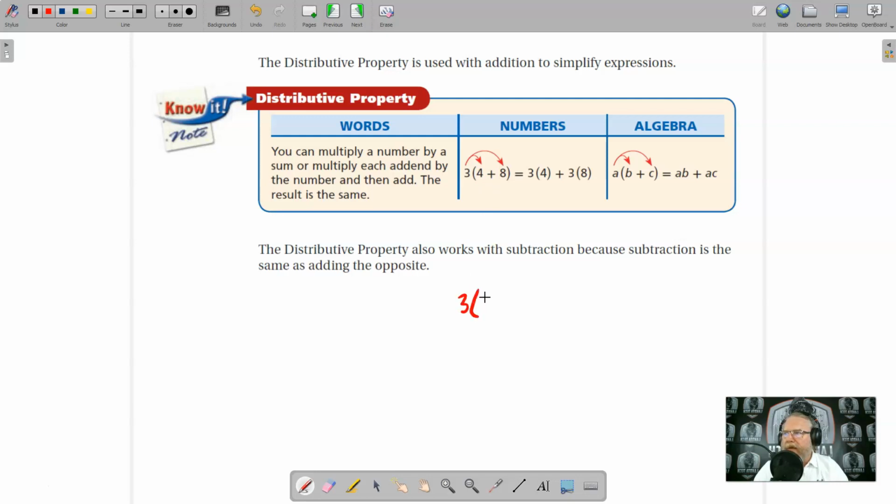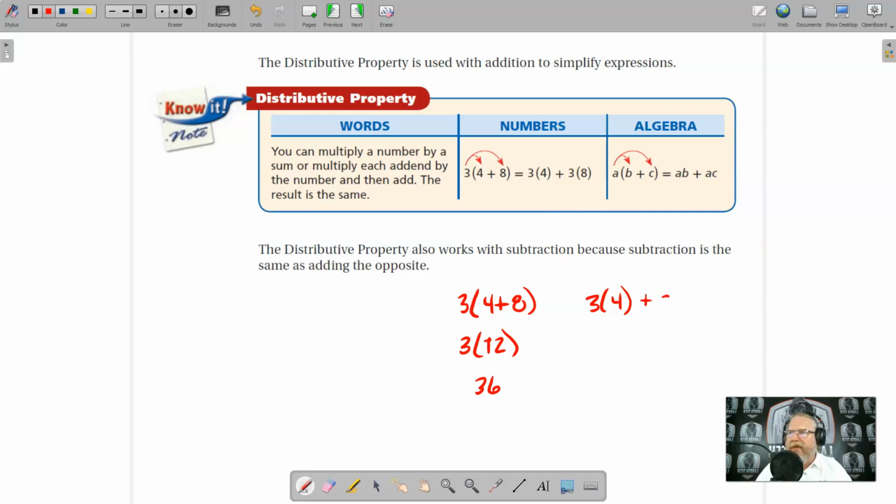So I have 3 times 4 plus 8. Now, if I went ahead and did the 4 plus 8, I would get a total of 12. So let's go do 12 in there. And then do 3 times 12, that's 36. But let's see if we try something else. If we go ahead and distribute the 3 times the 4, like we see there, apply the 3 to the times 4. And then we also apply that to the positive 8, so that's going to be a plus.